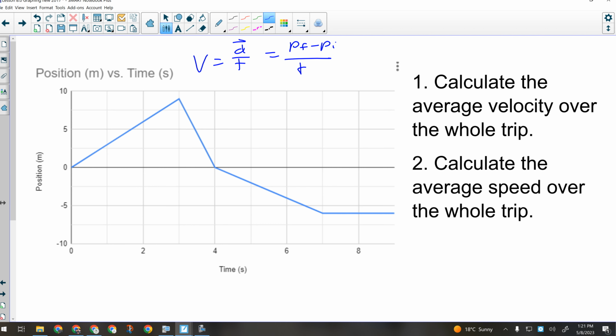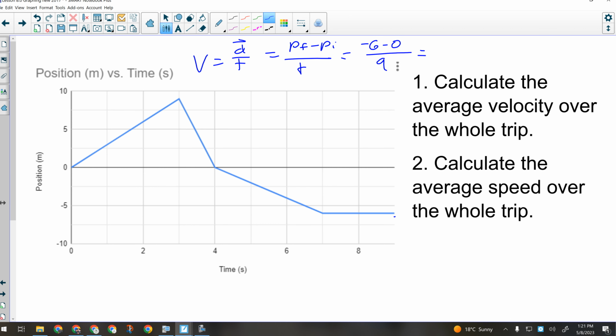Because the other way to calculate displacement is final position minus initial position. Since I have a position versus time graph, I can get those numbers directly off of it, which will allow me to plug in and solve for average velocity. My final position is -6, and my initial position is 0. So -6 minus 0, divided by the total time, 9 seconds.